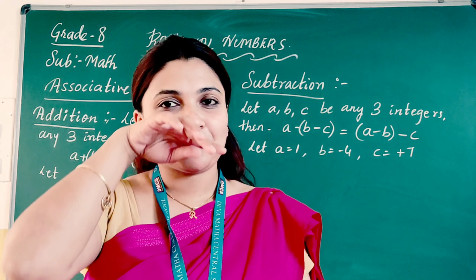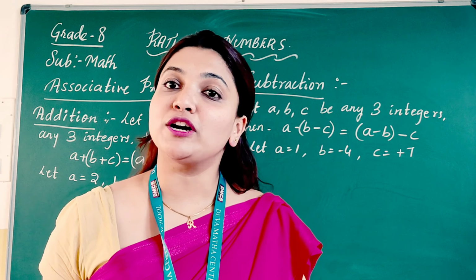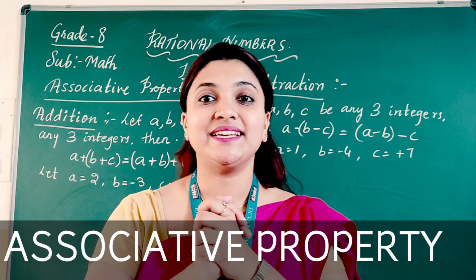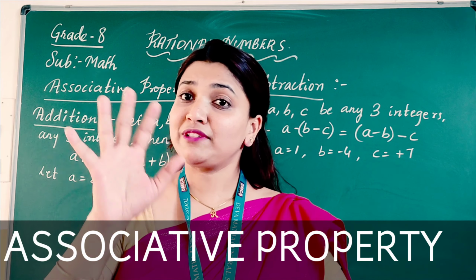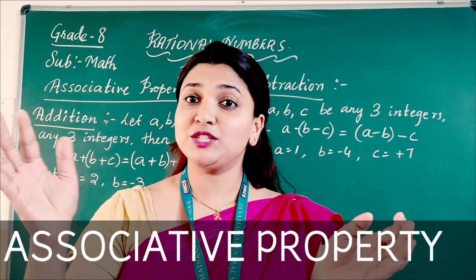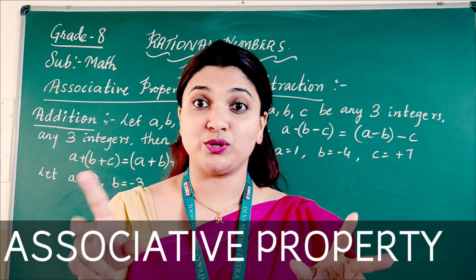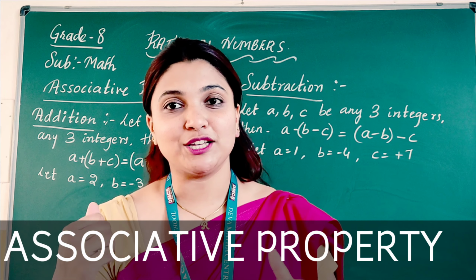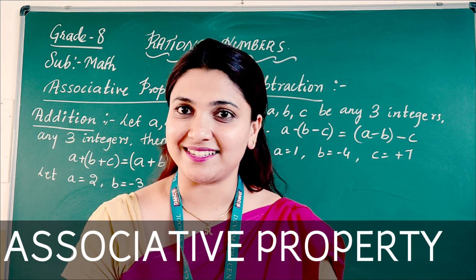Now, what do you mean by associative property? When I say associative, we are associating things. Is one set of things same as the other set of things? Are they associated the same way or in a different way? Let us check in detail about the associative property in this class.